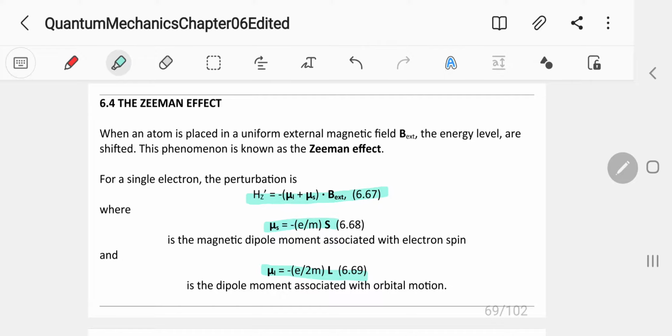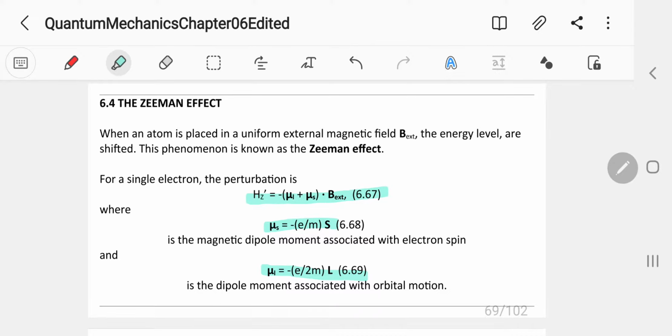As you can see, S and L are actually related to each other. They sum up into one total angular momentum, but let's see it later.